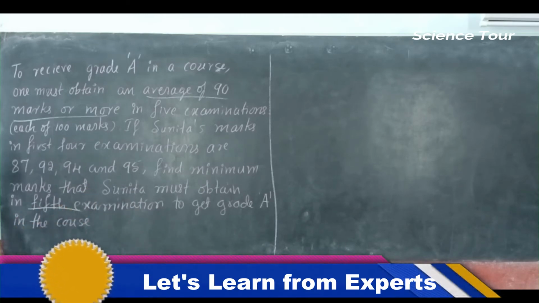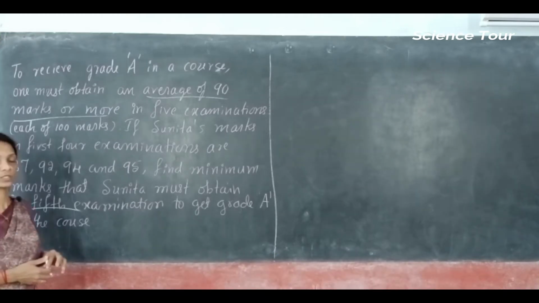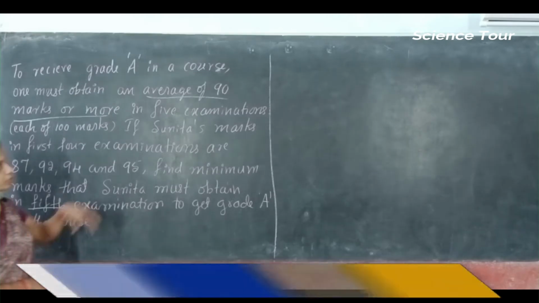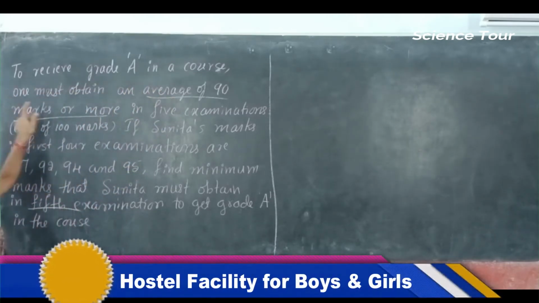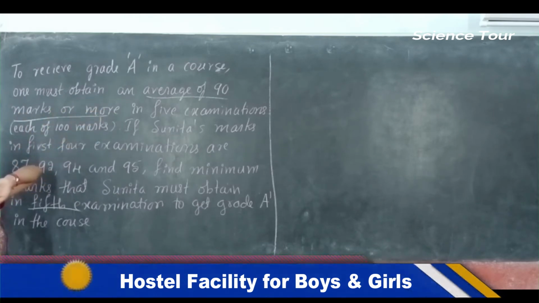Okay. So there is one condition to get a grade A in the course. What is that condition? That average marks should be equal to 90 or more. One must obtain an average of 90 or more in 5 examinations.